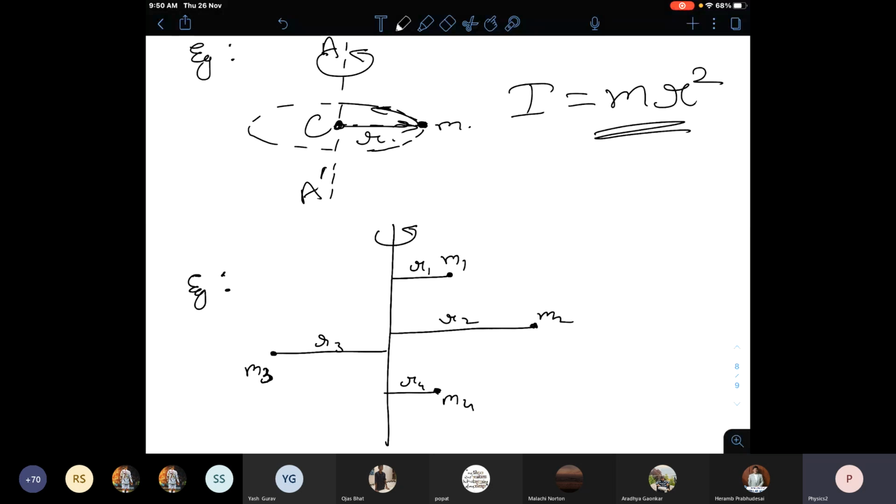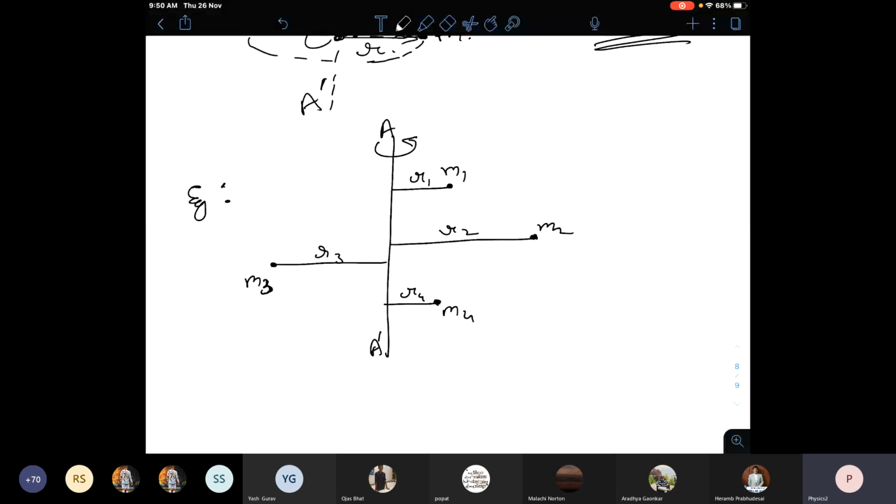Now see, to a fixed axis, a fixed line a dash, I have connected four different masses, m1, m2, m3 and m4, at different lengths, r1, r2, r3 and r4. Now if you rotate them about this fixed axis only, always remember that your axis should be common. For different axes, suppose m1 is here, m2 is here, this is a dash, this is b dash, there is a different method for this calculation.